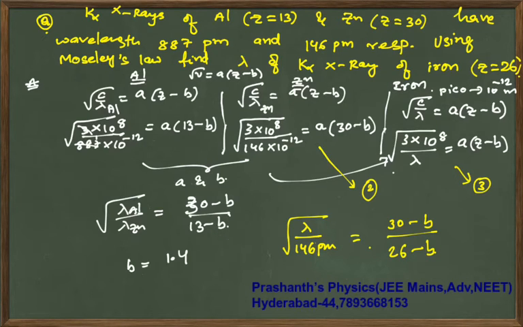Take this B and substitute, simplify, you should get lambda as 198 picometer. So how you simplify is purely your mathematical choice, so you don't need to worry too much about it.